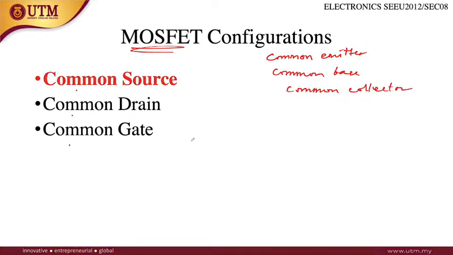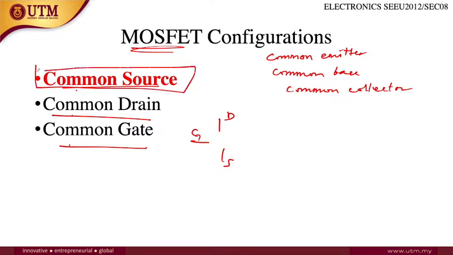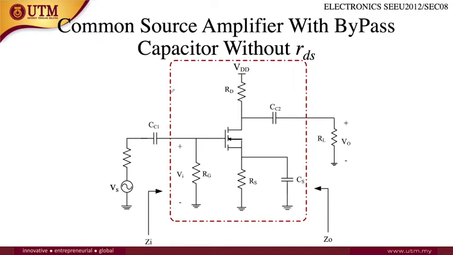Since the MOSFET has gate, drain, and source, we have common source, common drain, and common gate. In this course, we will focus on common source, right? So these are examples of the circuits. This is a common source amplifier circuit with bypass capacitor, without RDS.